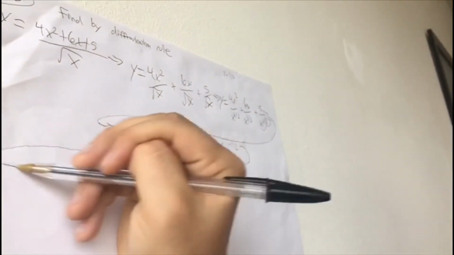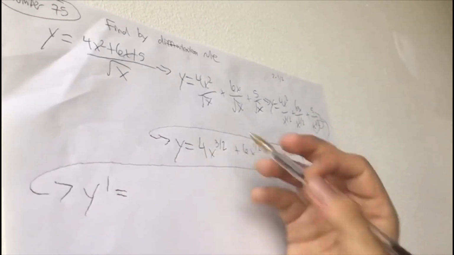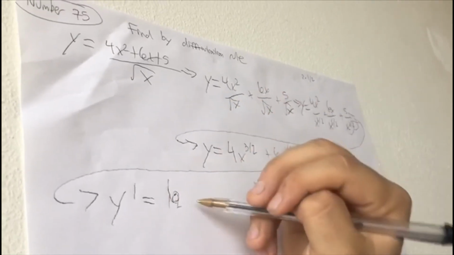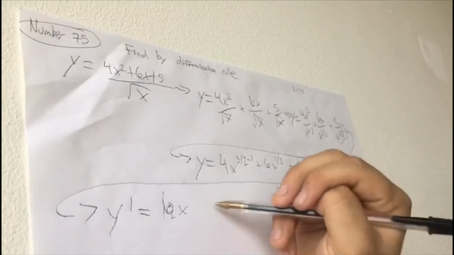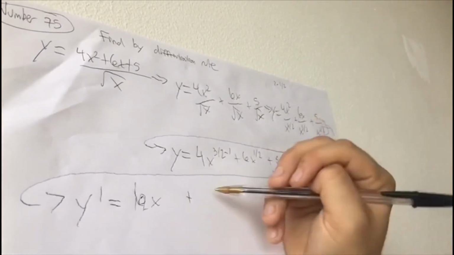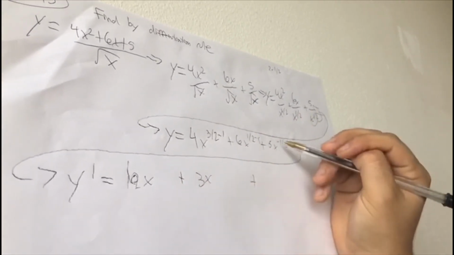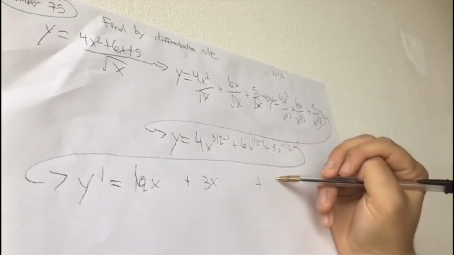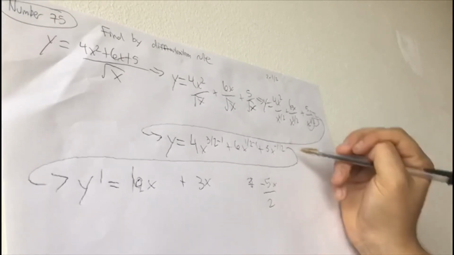You pass it on to here. y prime equals 4 times 3, 12 over 2 x, and you subtract 1 from the exponent here, and then you get plus 6 times 1 over 2, which is 3x, plus 5 times negative 1 over 2, so it's negative 5 over 2 x.